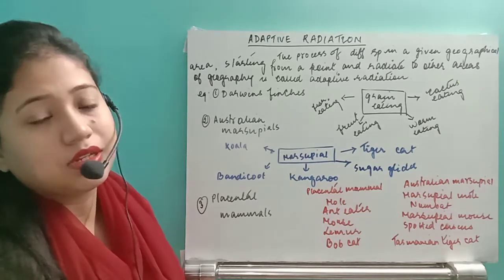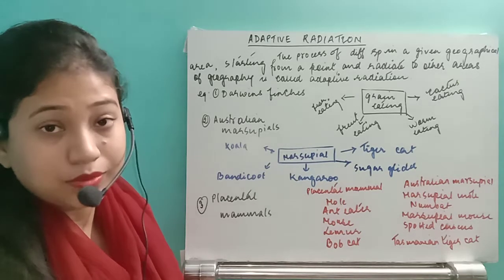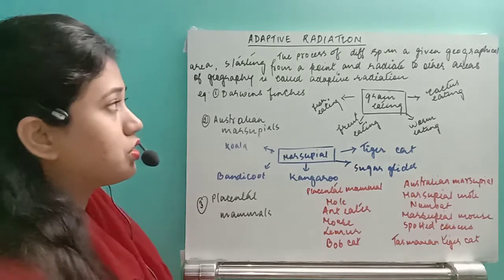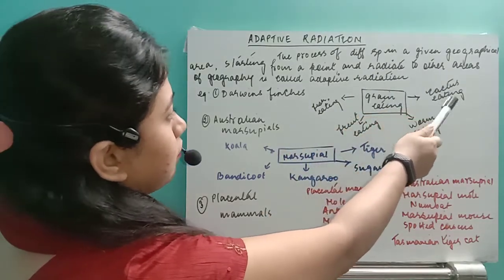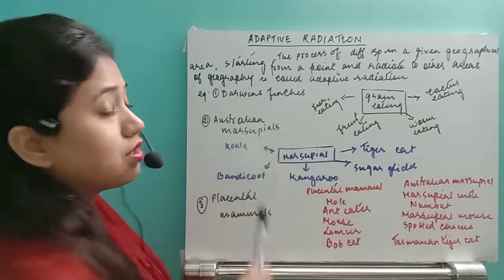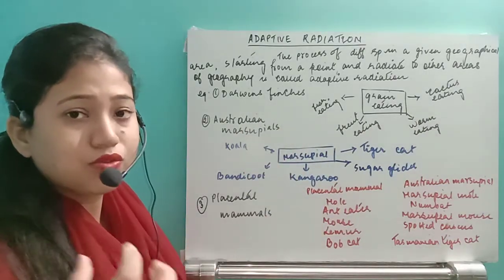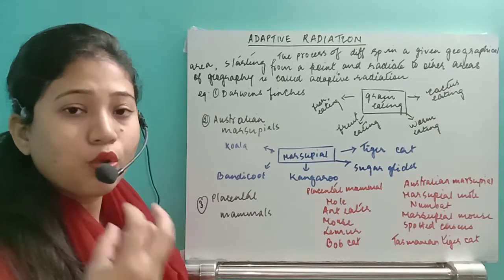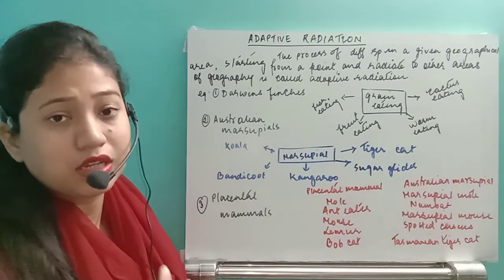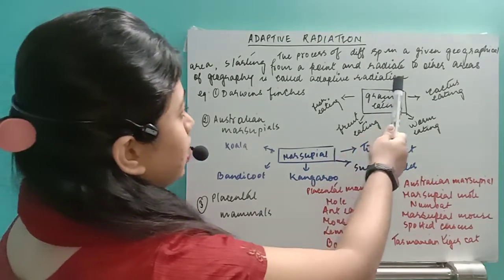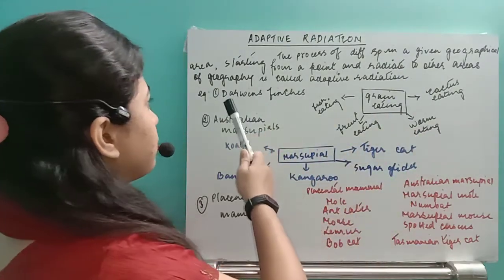So just see the definition of adaptive radiation. Adaptive radiation is a process of formation of different species in a given geographical area starting from a point. That means it has to start from an original species. In the Galapagos Island, it was a grain-eating or seed-eating bird, and it radiates to other areas of geography.